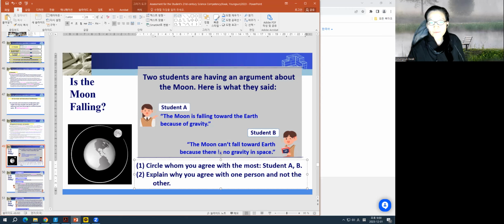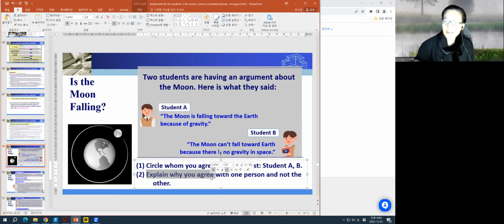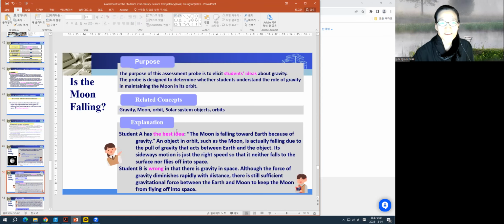And then this is important. This is the way they do it in PISA, as well as TIMSS, as well as competency-based assessment: explaining why you agree with one person and not the other. So you need to analyze the purpose of your competency assessment.